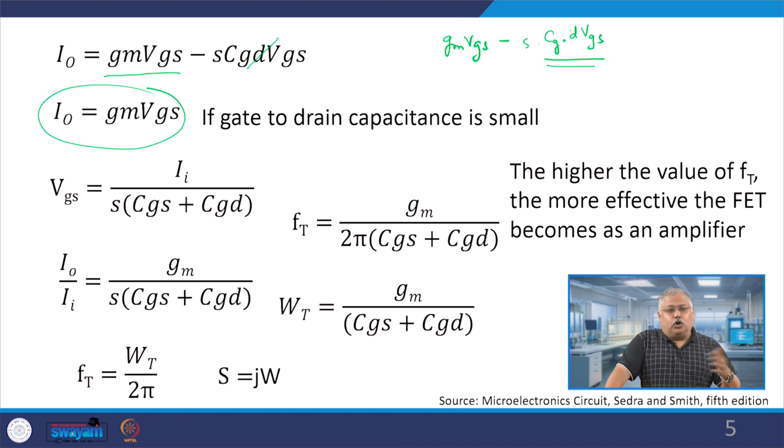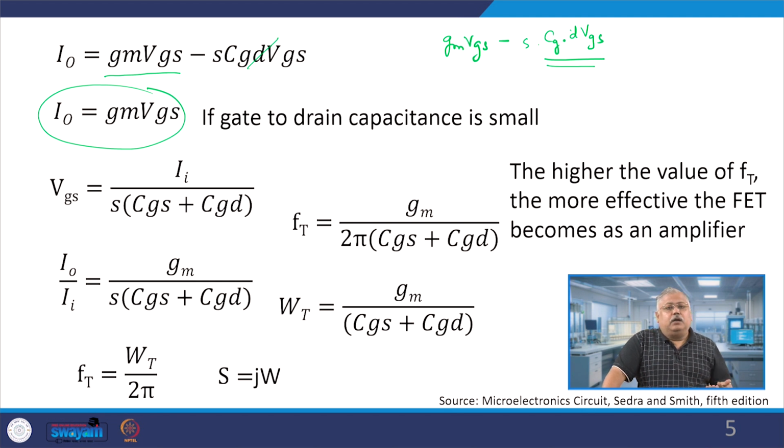If the overlap is not there, let us suppose, and your value of CGD is relatively very small, I can afford to neglect it and I will get the total current to be equal to Gm times VGS. Why do you get CGD, gate to drain? Because you actually see an overlap between gate and drain, right? And this is basically an intrinsic capacitance between the gate and the drain through the oxide layer, and that is what is defined as it.